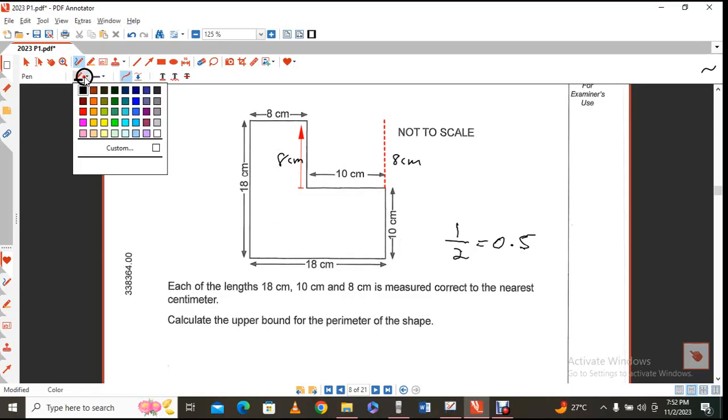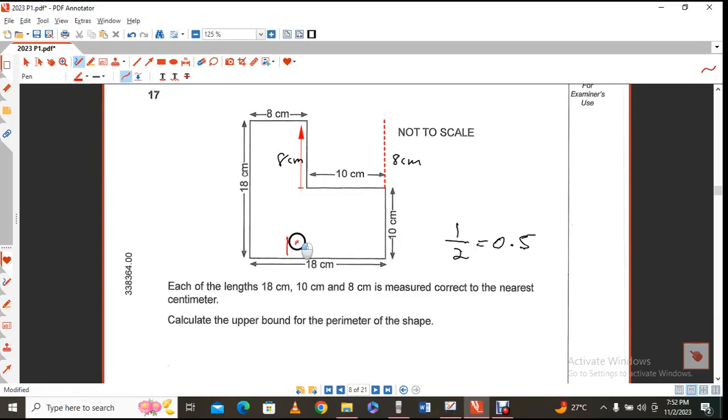The upper bound for 18 will be 18.5 because 18 plus 0.5. The upper bound on this side will also be 18.5. The upper bound here will be 8.5, and this is 10.5, and this is obviously 10.5. So everything in red needs to be added together.